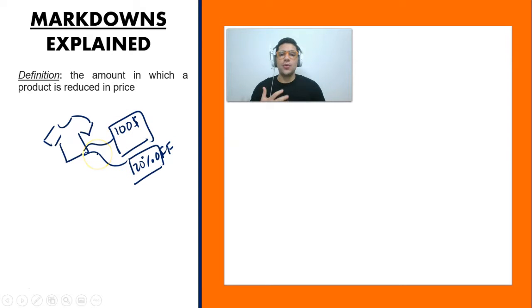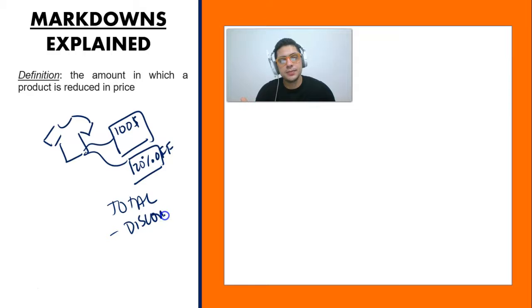So how do you know the amount that you are going to pay? What is going to be the selling price? You're going to take the total and subtract the discount, and you're going to have your selling price as an answer. In this case, the total would be 100.